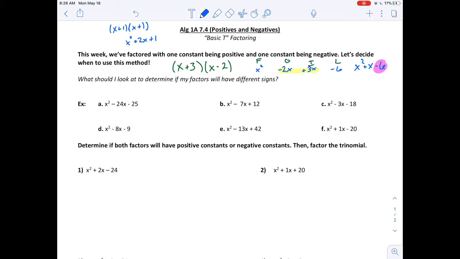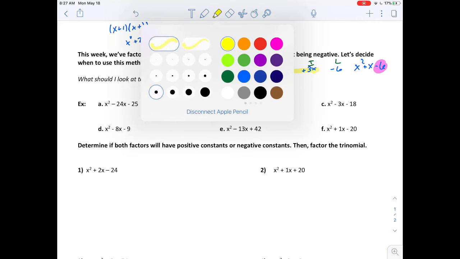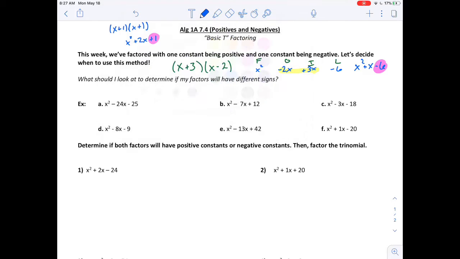When we had two negative terms, a negative times a negative is a positive, so our final term was still positive. But now we're going to talk about if I have different signs inside these parentheses, then my last term is going to be negative. So we should always be looking at the last term.